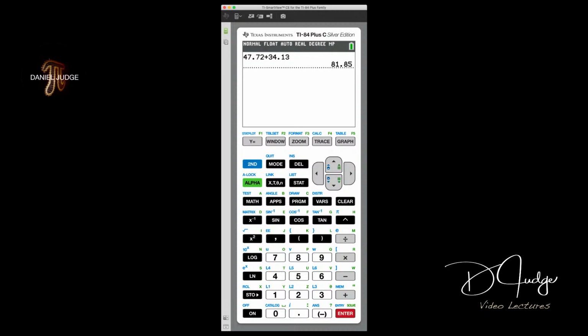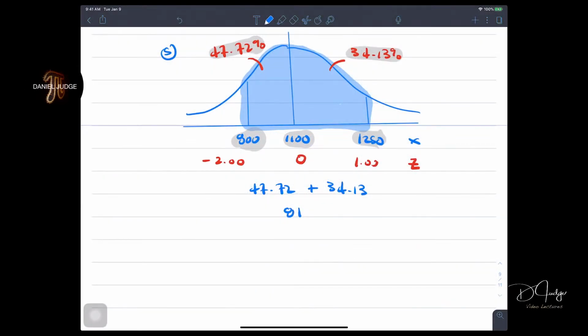So, all right, 81.85. Let's write this down. So here we have 81.85%. And that's question 5.